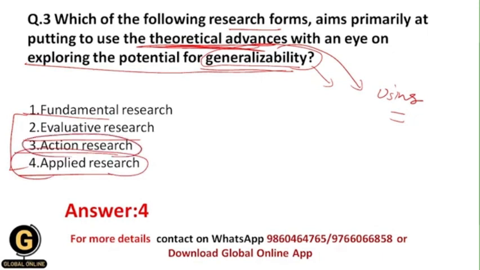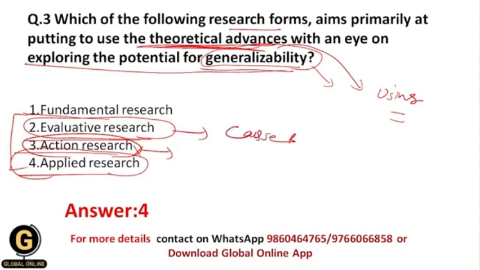This is not action research, because within action research we don't apply any kind of laws, we just solve the immediate problem. Evaluative research, as the name suggests, involves evaluation. For example, we have a cause and effect relationship between the variables. So here we evaluate the amount of cause, like how much the causes are causing the effects.